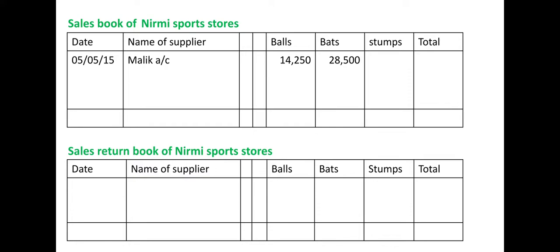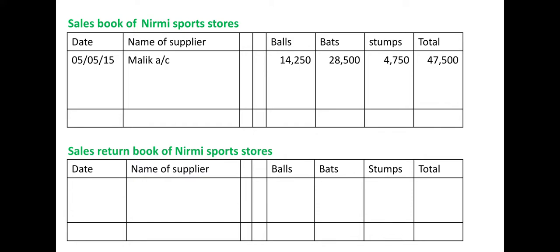So 5,000 minus 250 will give you 4750. And if you add all these items, that will come to 47,500. Student, this is just a simple calculation: quantity of goods multiplied by rate of goods, and after that we have to deduct trade discount.